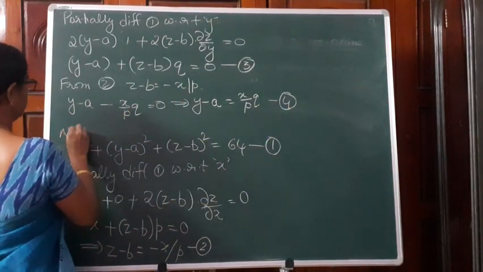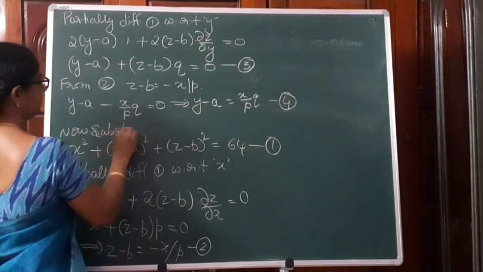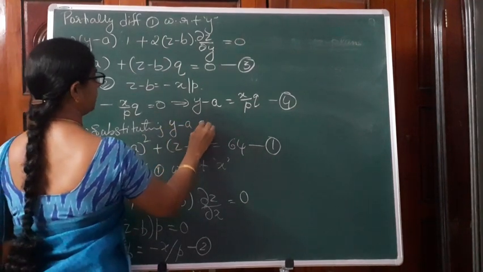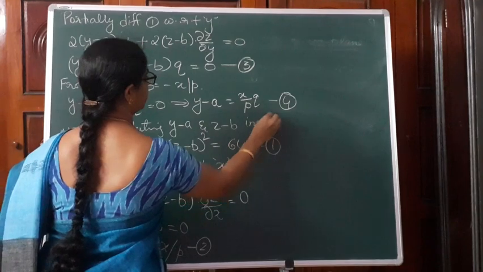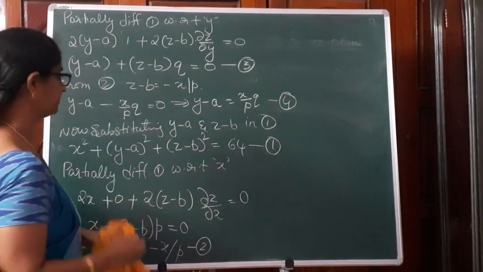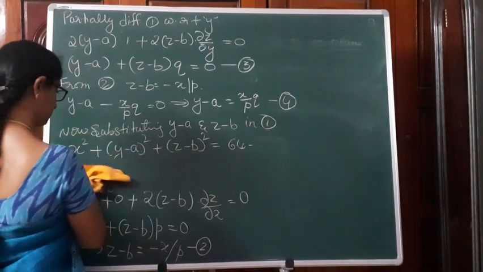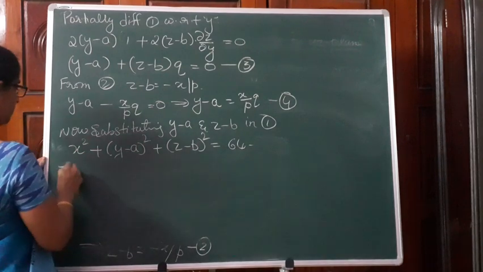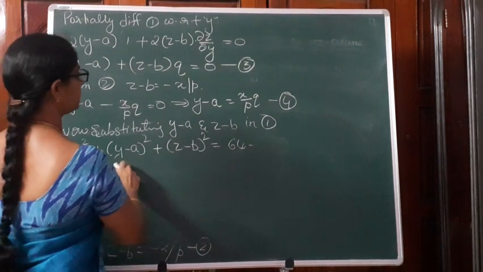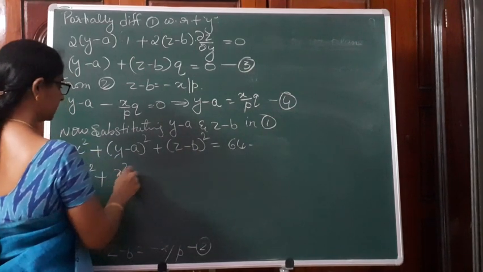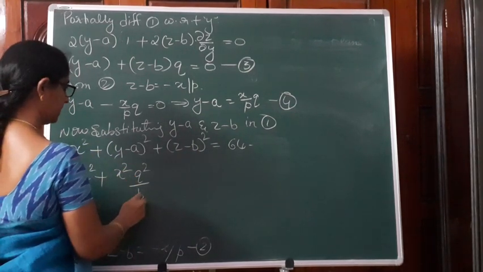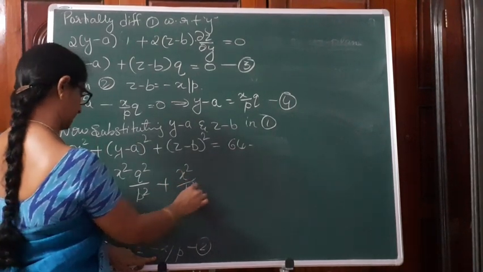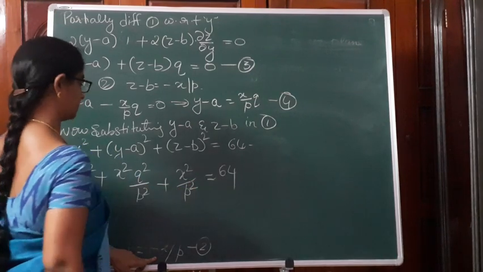Now substituting y minus a and z minus b in equation 1. This is equation 1. So if we substitute here, what do we get? x square plus (y minus a) whole square, which means x square into q square by p square, plus (z minus b) whole square, which means x square by p square, is equal to what we have here, 64.